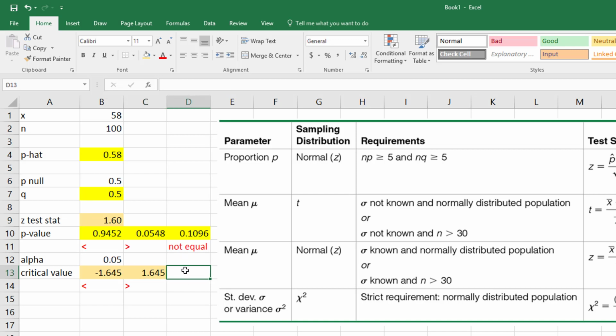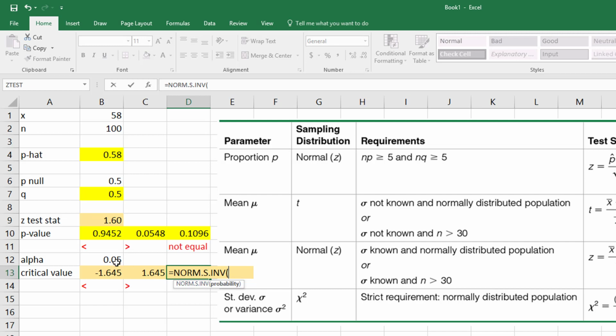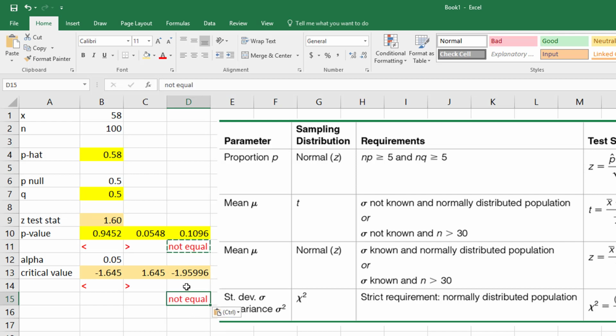If this was a two-tail test, might as well just go ahead and create a formula for it, right? Then we would do equal norm dot s dot inv. We would take our probability and divide it by 2. So that gives me this value right here. And the only thing you have to remember is with a not equal it's plus and minus, right?